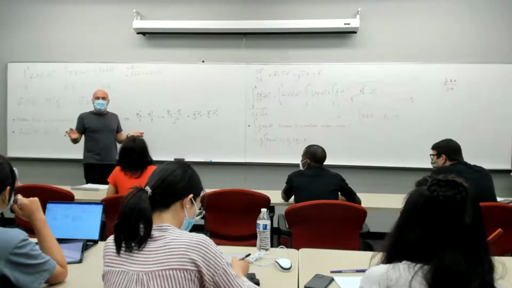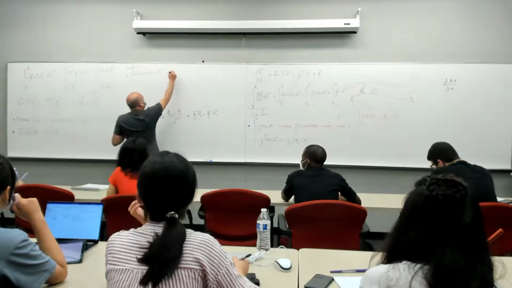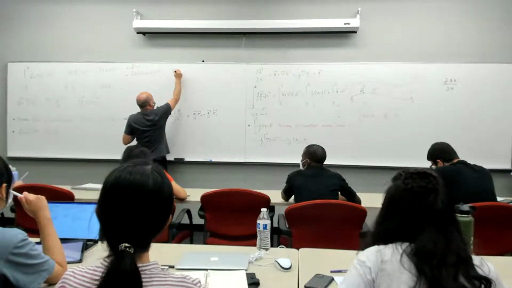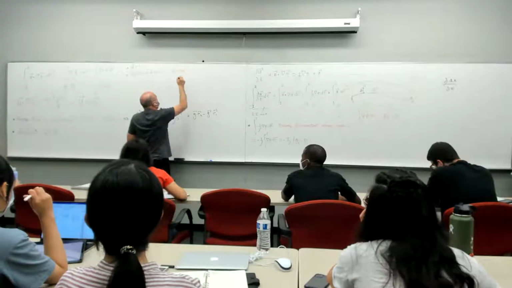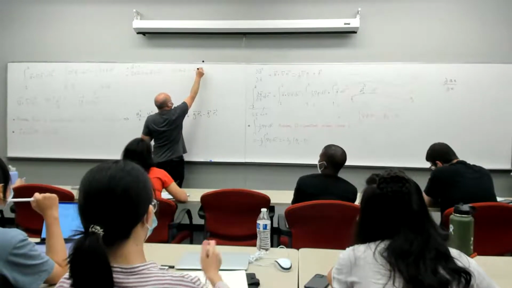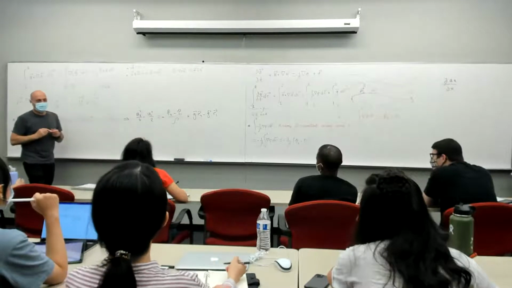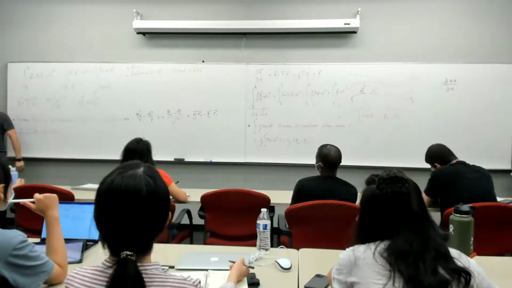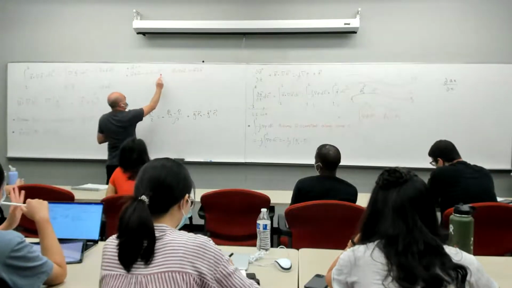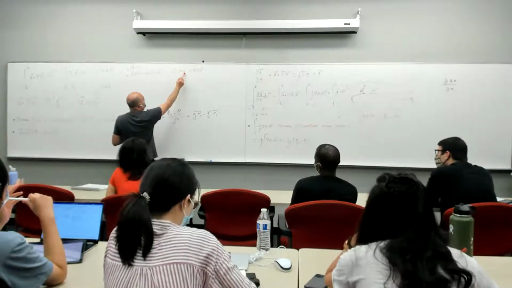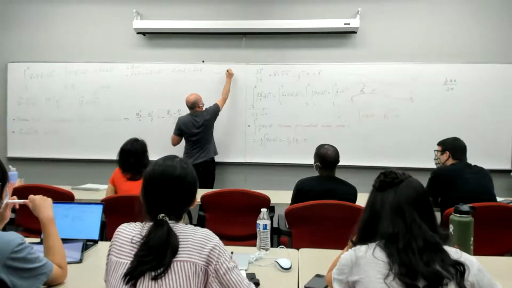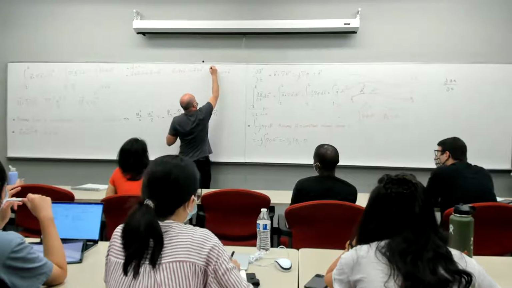But that can never happen because by definition, omega is equal to curl u, and that means omega is perpendicular to u. Agreed? The cross product creates a perpendicular vector. Because omega is curl u, omega must be perpendicular to u. So if this is u, this would be omega.